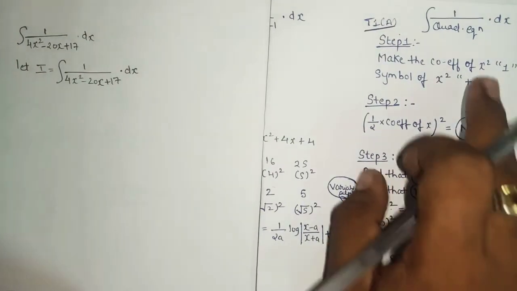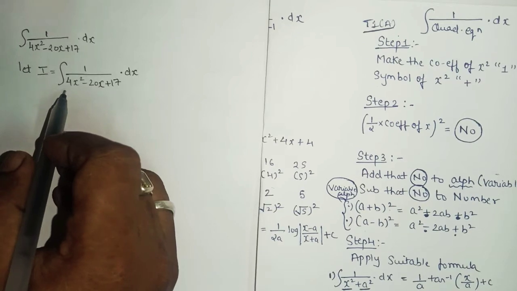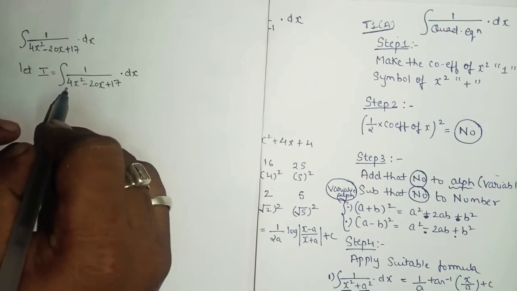Okay, so as per the rule, we know what exactly we have to do. We simply have to follow the same steps here. So what is the step? Make the coefficient of x square 1. Here clearly we can see that the coefficient of x square is not 1. To make it 1, simply check the coefficient here.